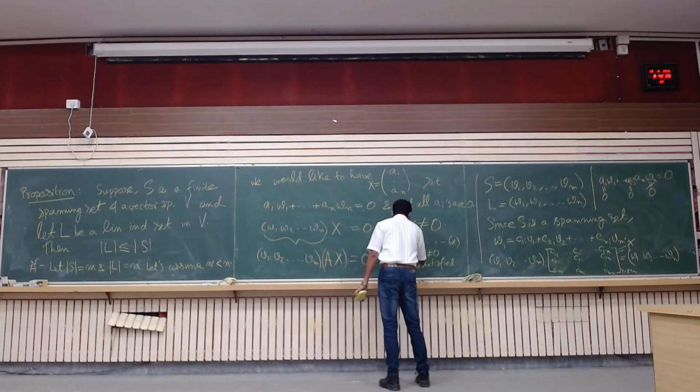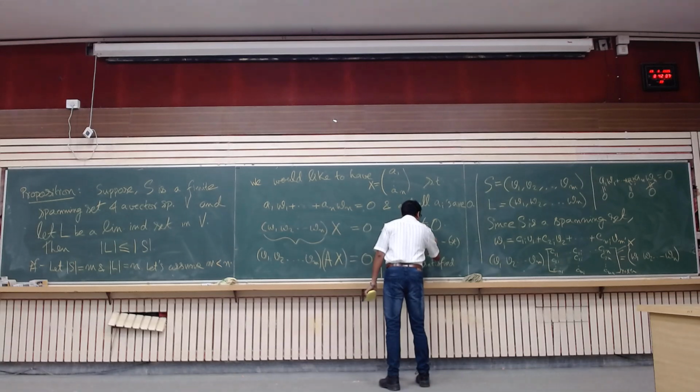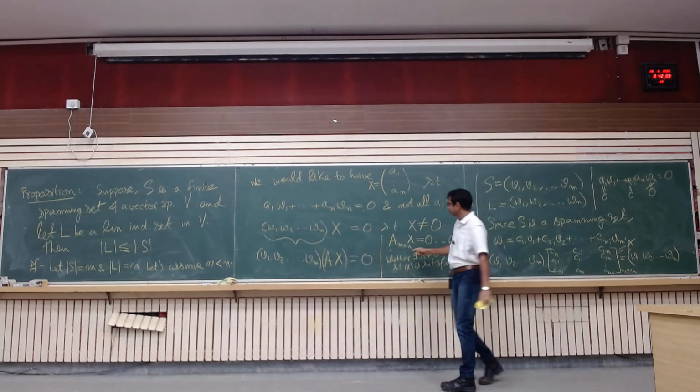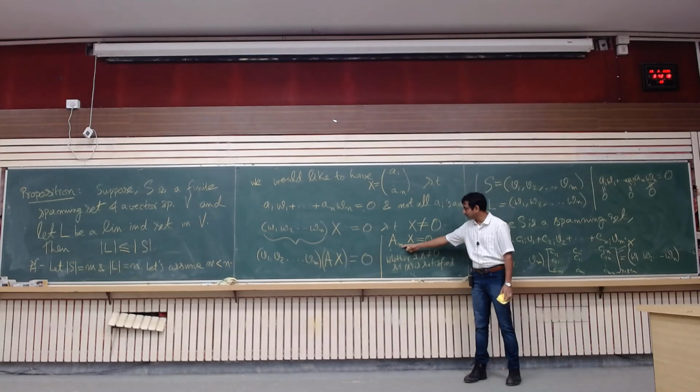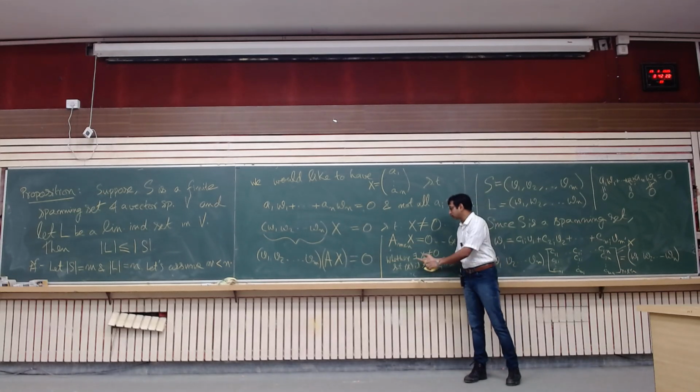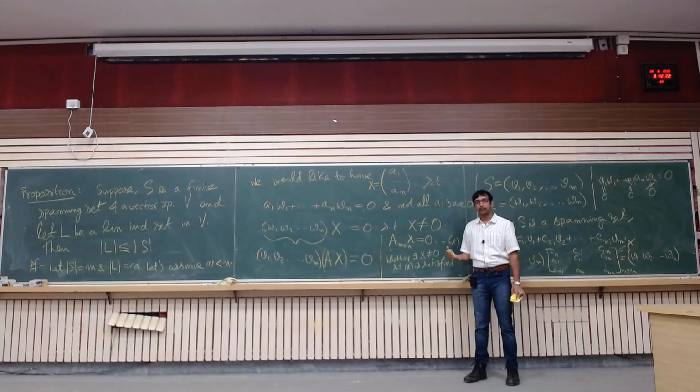M cross n times x equal to 0, okay? So we are trying to look for a solution to this. And now, Sautrik, can you tell whether there should be a solution to this equation or not? A non-trivial solution?